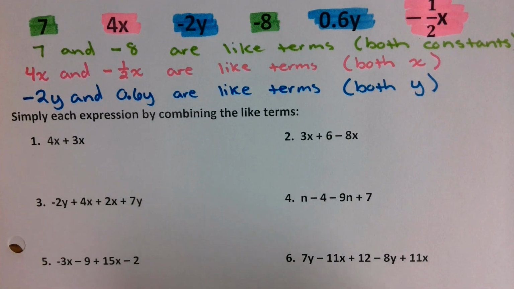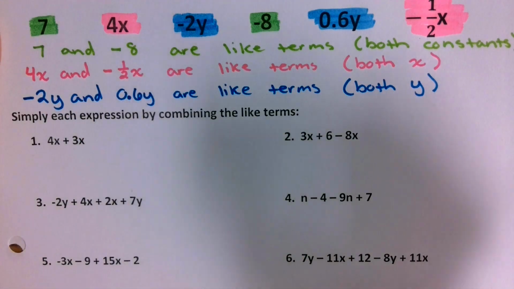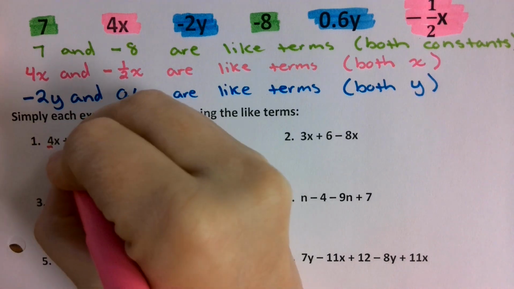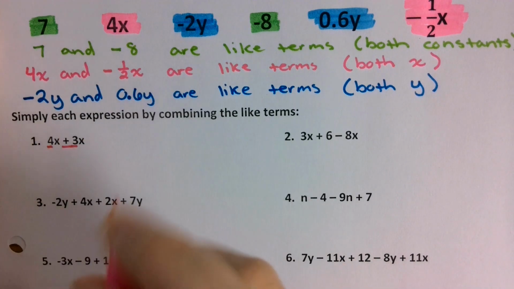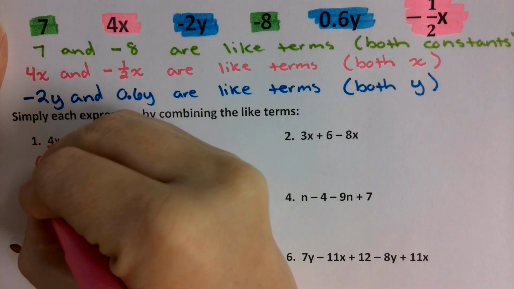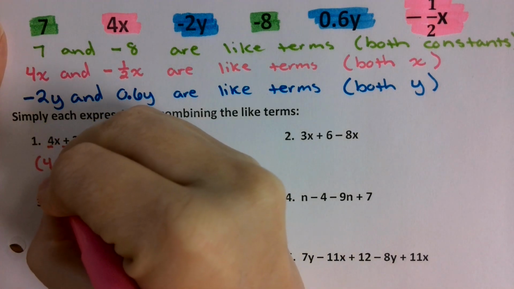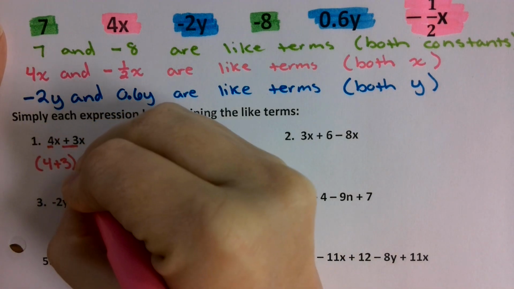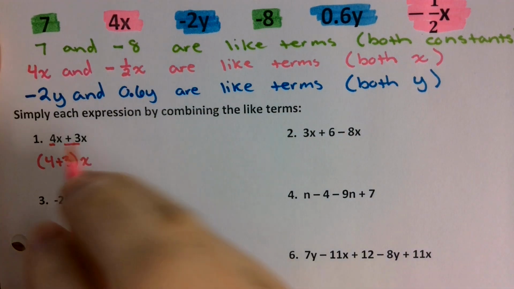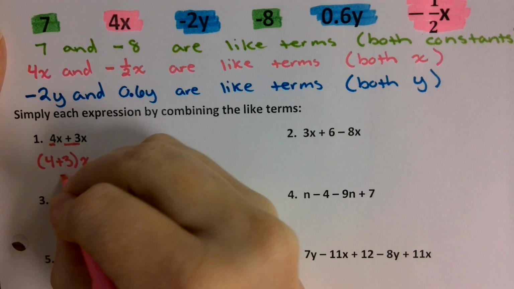So what you're doing is you're just combining the coefficients. I'm just focusing on that coefficient, and I'm focusing on the fact that it says plus the 3. So I'm really just doing 4 plus 3, and the x is just along for the ride. That's it. So when I combine 4 and 3 together, I get 7.